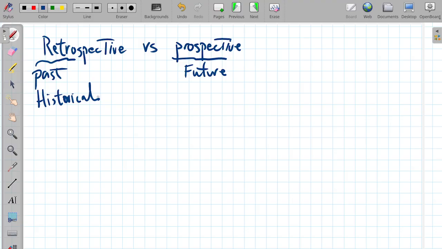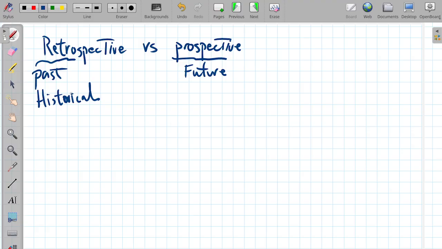And with their permission, you're going to access historical medical records. And from there, you're going to pull out the data, the characteristics that you want to study, and proceed from that point of view. So looking backwards at historical data is a retrospective study, and if you're sampling a population, it would be a retrospective sampling.